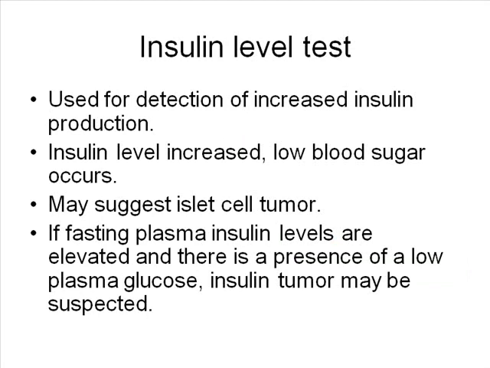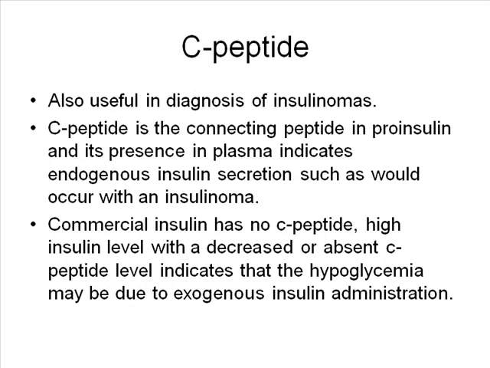Now, insulin level, you can actually do an insulin level. Many times with high amounts of insulin, somebody having actual hypoglycemia, what is happening is they could have an islet cell tumor, therefore they have more insulin being secreted. C-peptide is an important test to do because you can see if that insulin is coming from exogenous areas, meaning that commercial insulin has no C-peptide.